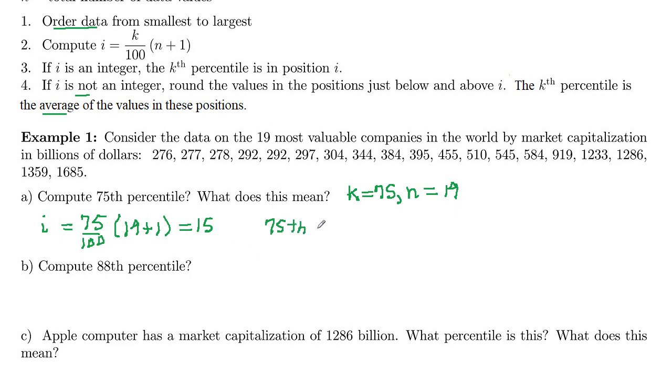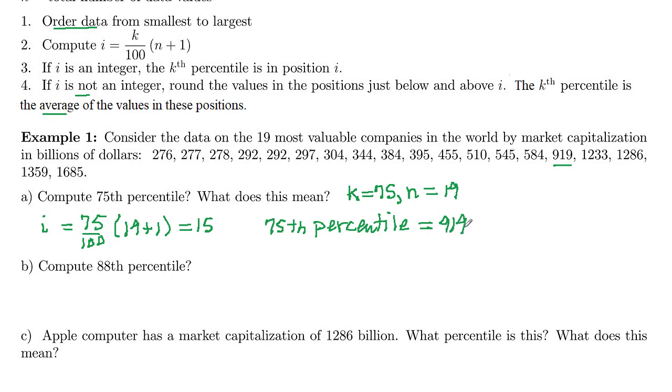So we'll just count up here: 1, 2, 3, 4, 5, 6, 7, 8, 9, 10, 11, 12, 13, 14, 15. Right there is the 15th position, $919 billion.